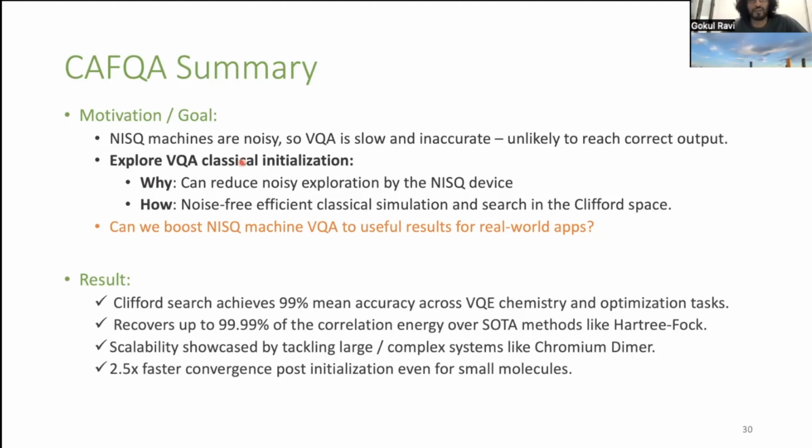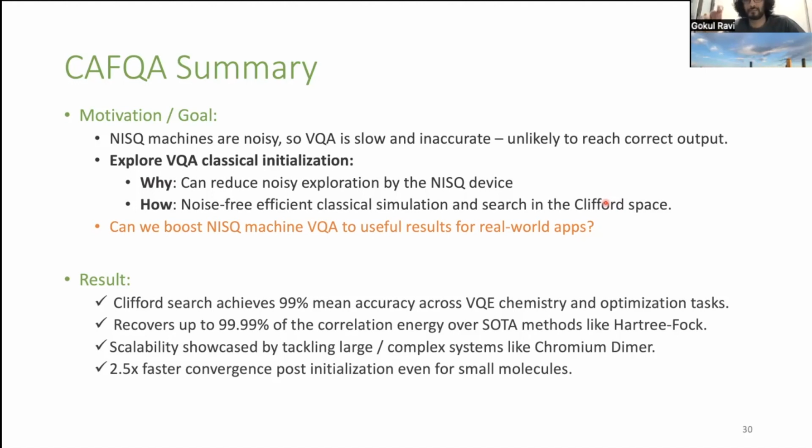And doing that would mean that there's a lesser amount of the actual quantum work which has to be performed on the noisy device. The way we do this classical initialization is by searching through what is known as the Clifford space. The Clifford space is a portion of the quantum space which is classically simulable.